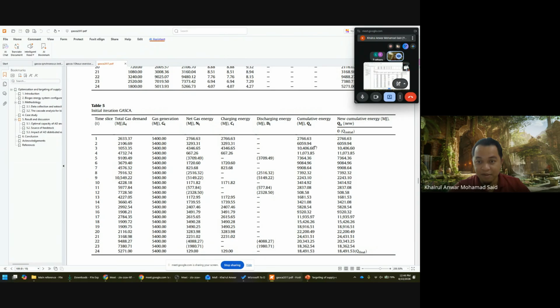How about the second value? So the second value is 2766 plus CT, it becomes 6059. What happens if you face a negative value?